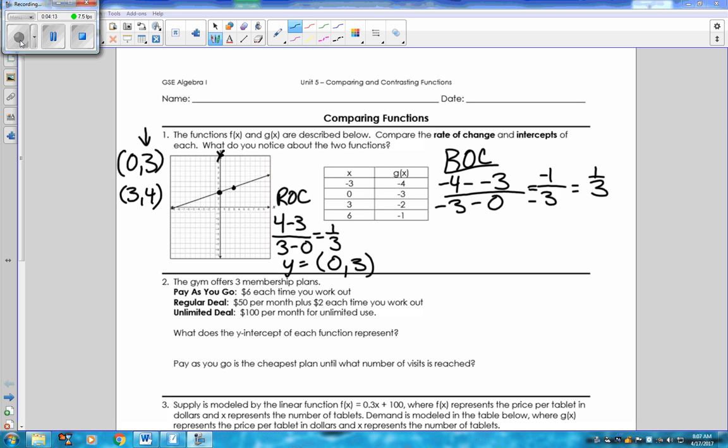If we would have done it as y2 minus y1 over x2 minus x1, it would have been written like this. I would have taken my negative 3, that's my y2, minus my y1, so minus a negative 4, divided by x2, which is 0, minus x1.